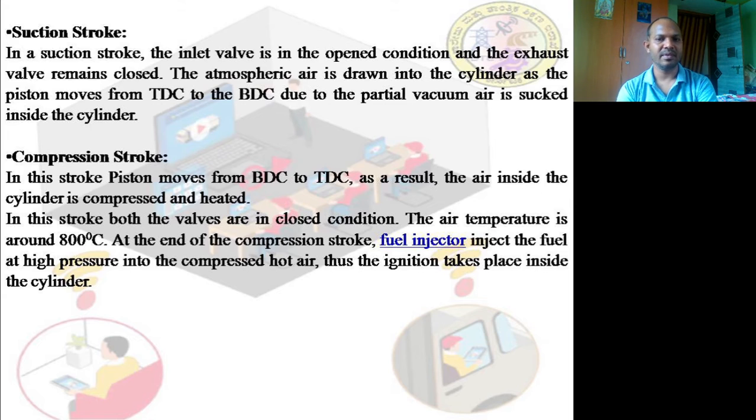The air temperature is around 800 degrees centigrade, a tremendously high temperature, and up to 1000 degrees centigrade also it reaches. At the end of the compression stroke, the fuel injector injects the fuel at high pressure into the compressed hot air. Thus, the ignition takes place inside the engine cylinder.